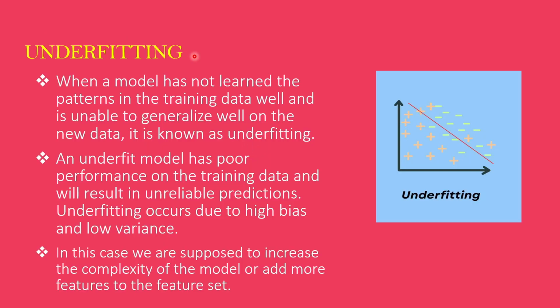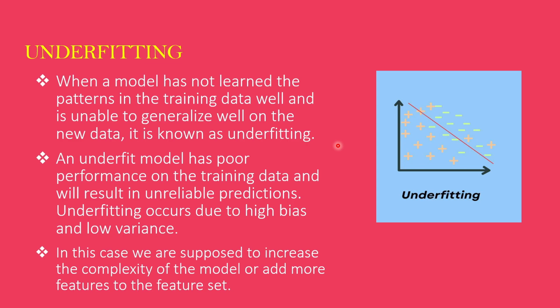Then we are going to learn about underfitting. When a model has not learned the patterns in the training data well, and it is unable to generalize well on the new data, it is known as underfitting. That means the model is only predicting values based on the training data, but it does not learn the patterns from the training data, so it cannot make predictions on the testing data, that means unseen data.